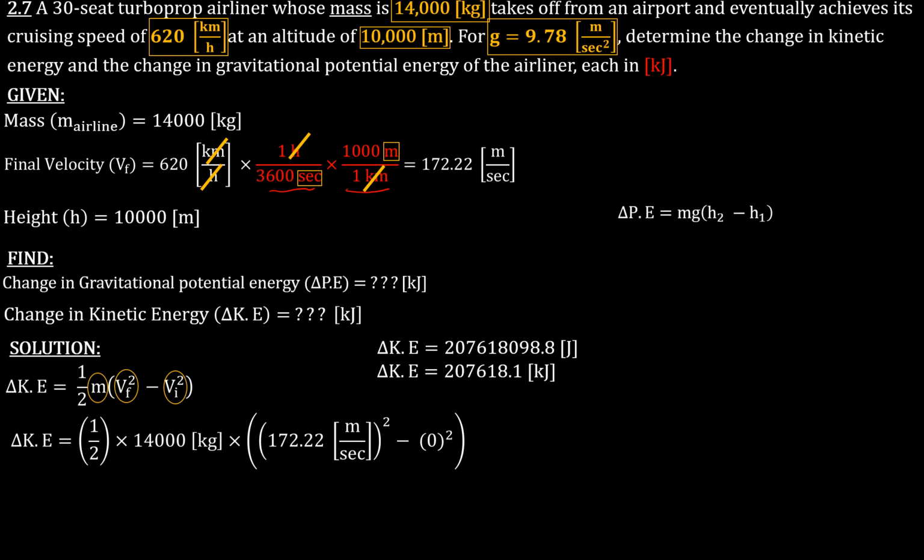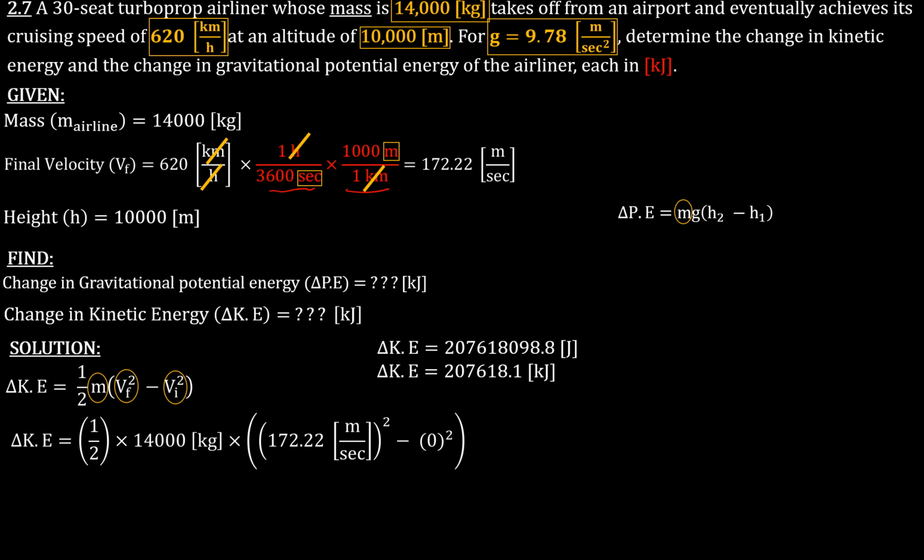All right. So now we need to find the change in potential energy. We can take the takeoff ramp to be our zero elevation, and as the airplane goes up into the sky, it increases in elevation until it reaches an altitude of 10,000 meters.